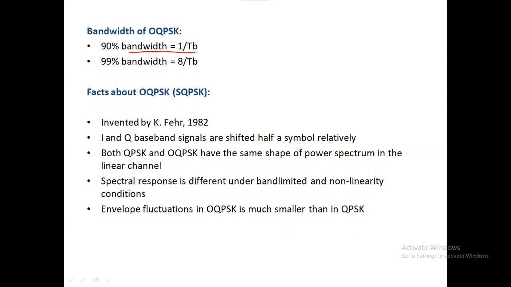So envelope fluctuations are very little, and QPSK and OQPSK have the same power spectrum in the linear channel. So these are the main things which we can learn about staggered QPSK or OQPSK.